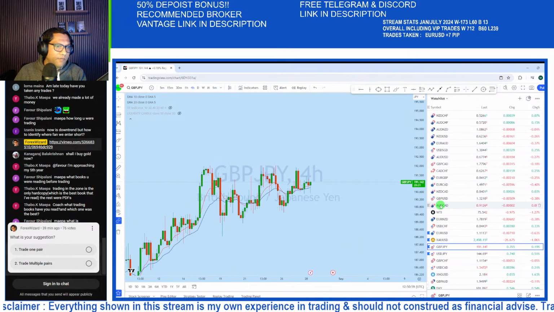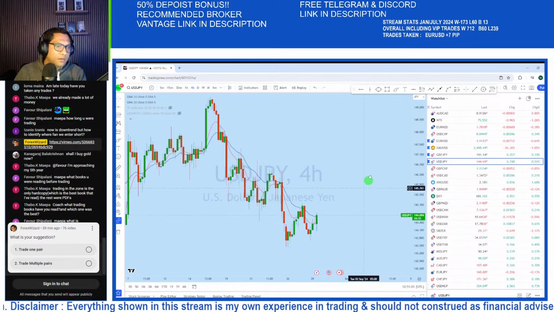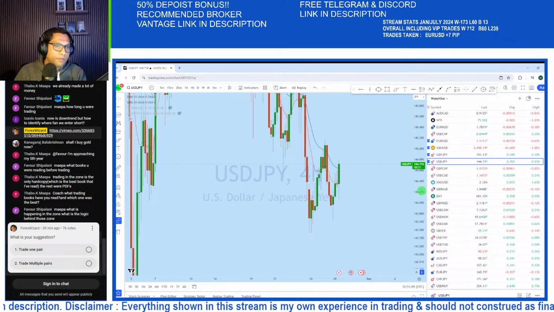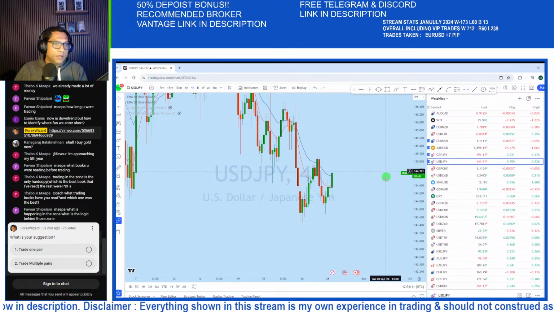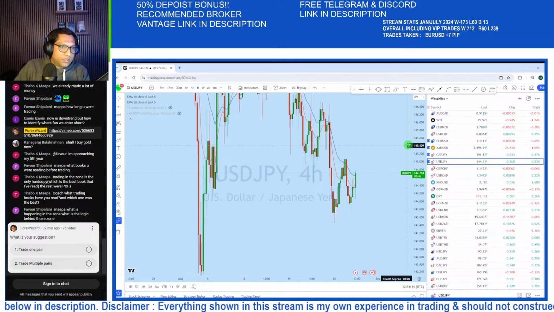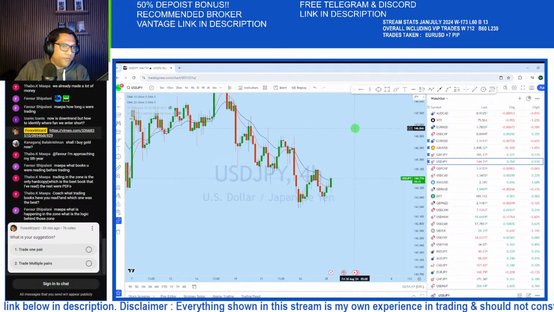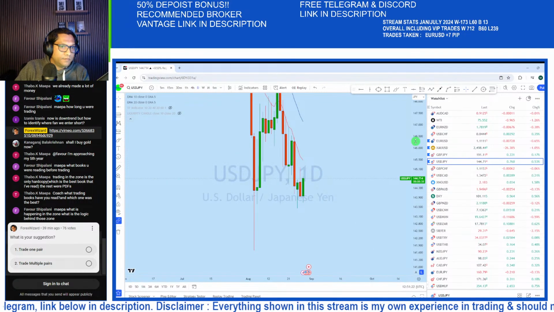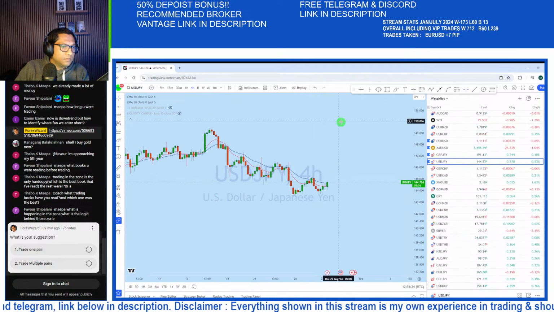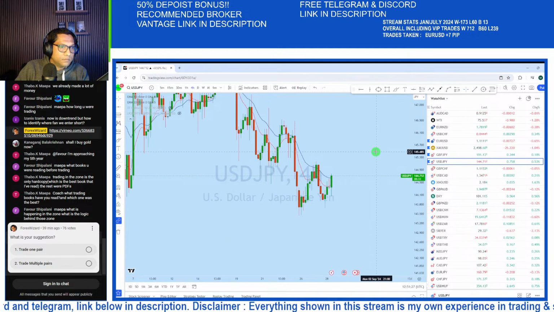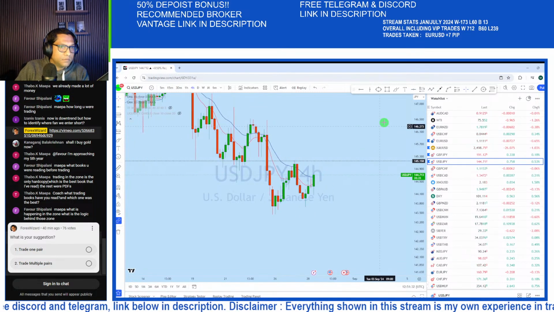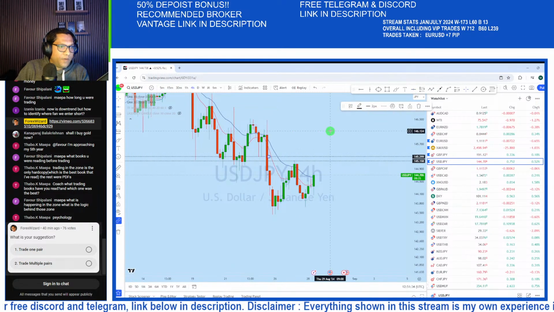GBPJPY is very choppy. Dollar yen is trying to bounce from the support, and there is a fair value gap here on dollar yen.